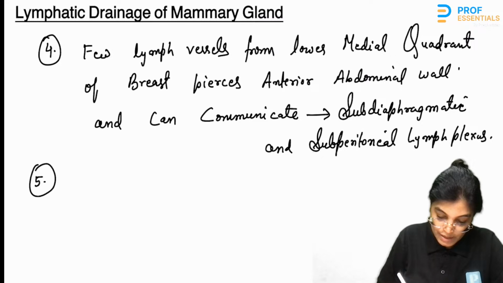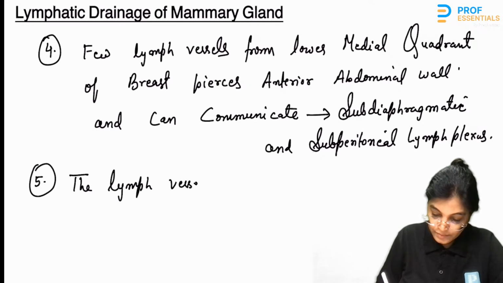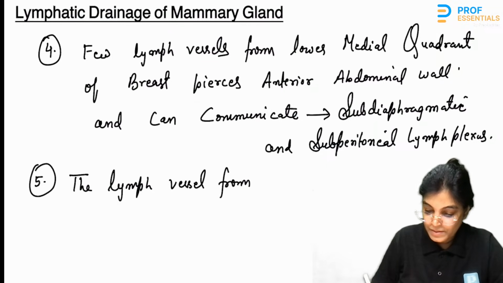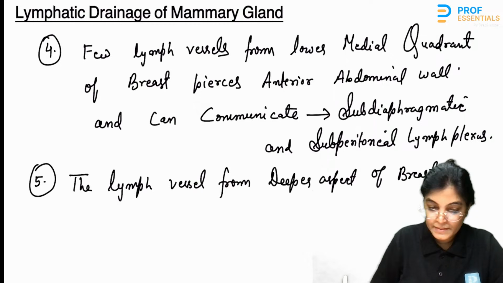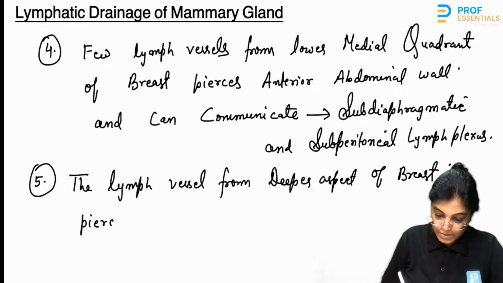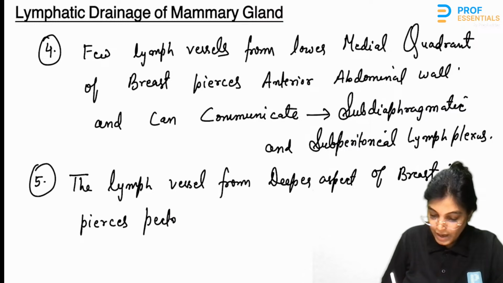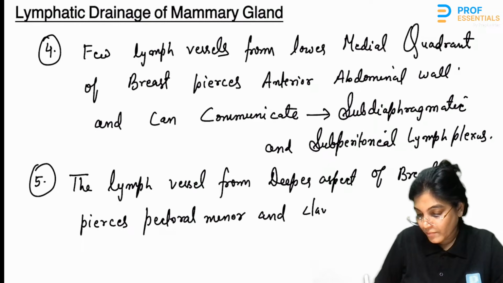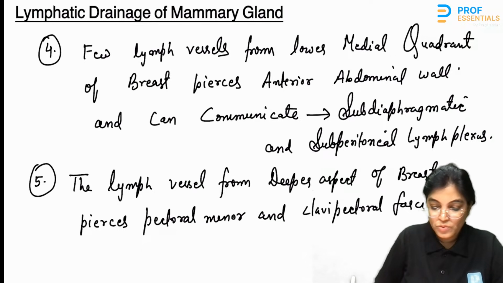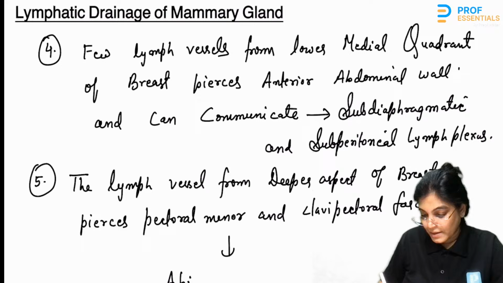So a few lymph vessels from the deeper aspect of the breast can pierce pectoralis minor and clavipectoral fascia and reach the apical group of axillary lymph nodes.